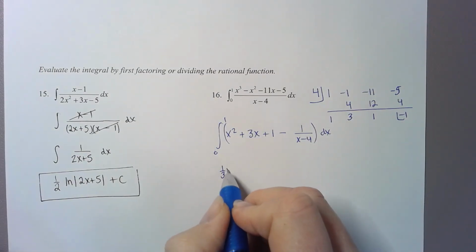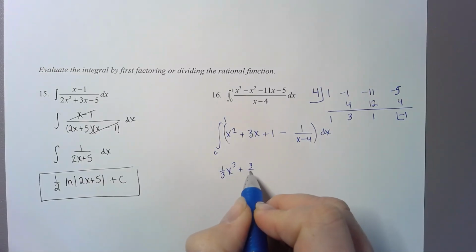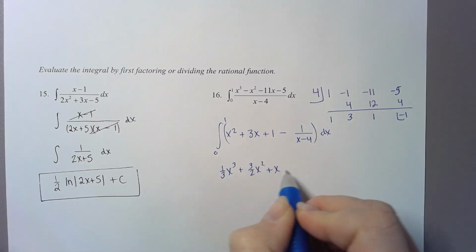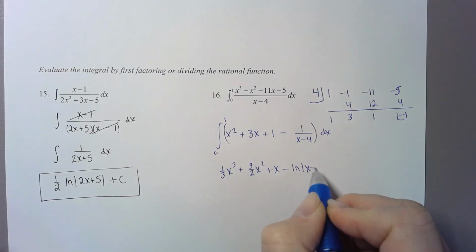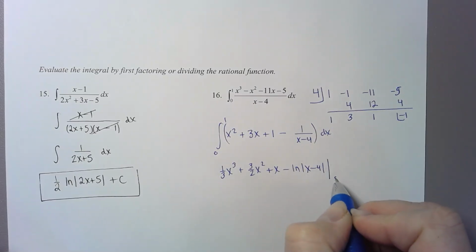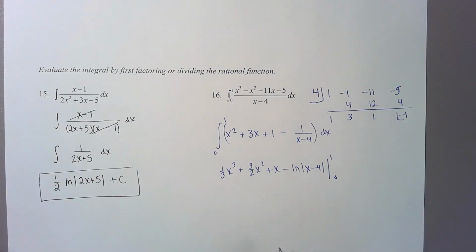Now we can take the antiderivative of each piece separately. And just like we saw on number 15 and on number 13, right, that antiderivative of that 1 over x is the natural log of the absolute value of, in this case, x minus 4.